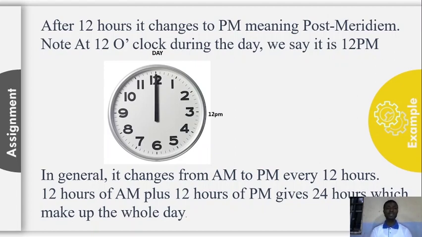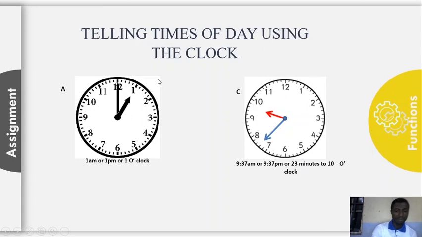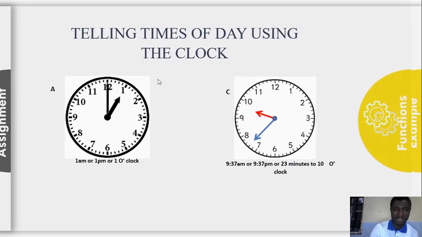Remember, when we are doing time conversion, 60 seconds make 1 minute, 60 minutes make 1 hour, and 24 hours make one day. Very good. Now, for you to get 60 seconds, look at the second arm, the arm that strikes seconds: 1, 2, 3, 4, 5, 6, 7.